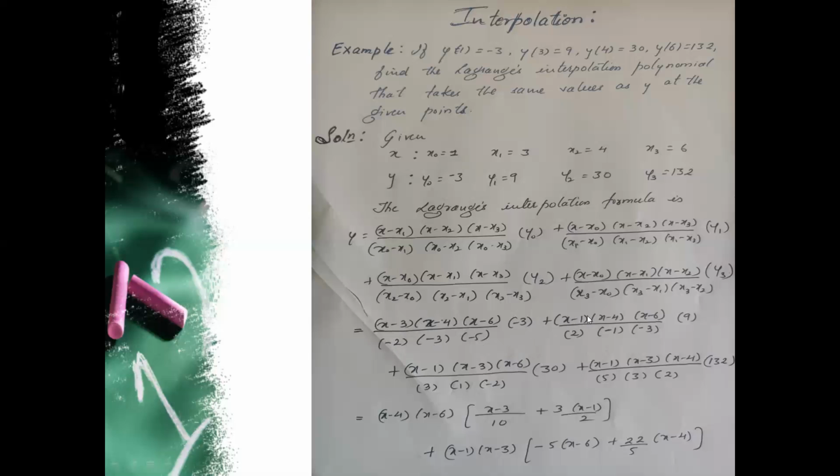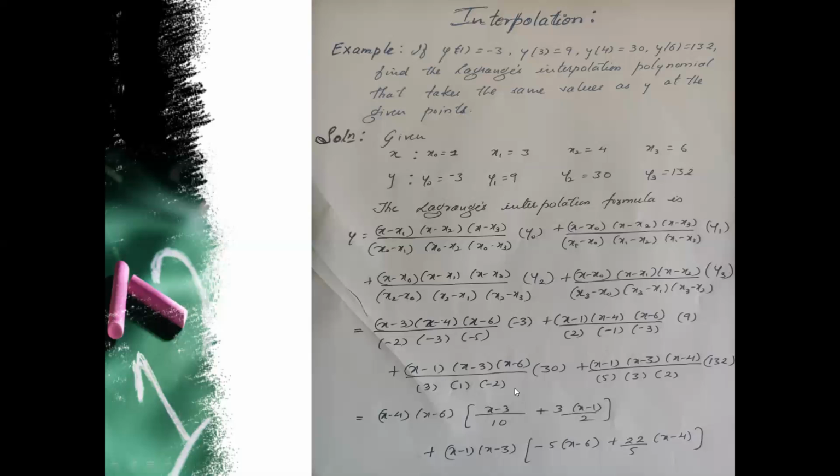Now x minus x naught, that is x minus 1, x minus 4, x minus 6 we will have, and in the denominator x1 minus each of the values, 3 minus 1 is 2, 3 minus 4 is minus 1, 3 minus 6 is minus 3, multiplied by y1, it is 9.